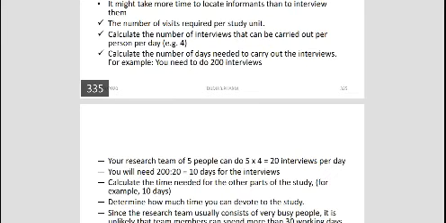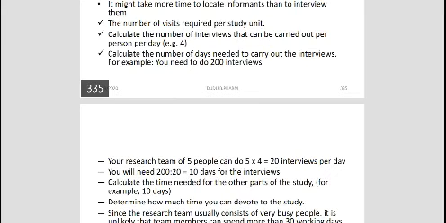So we expect 20 interviews per day, and your population is 200. So counting the number of days for interviews, you will need 200 divided by 20, in which you will take 10 days to finish up with your population.